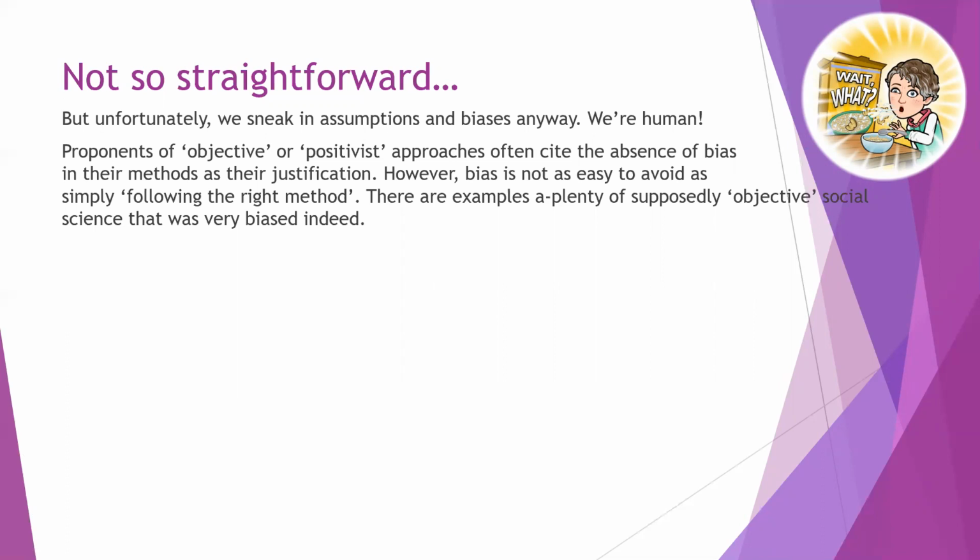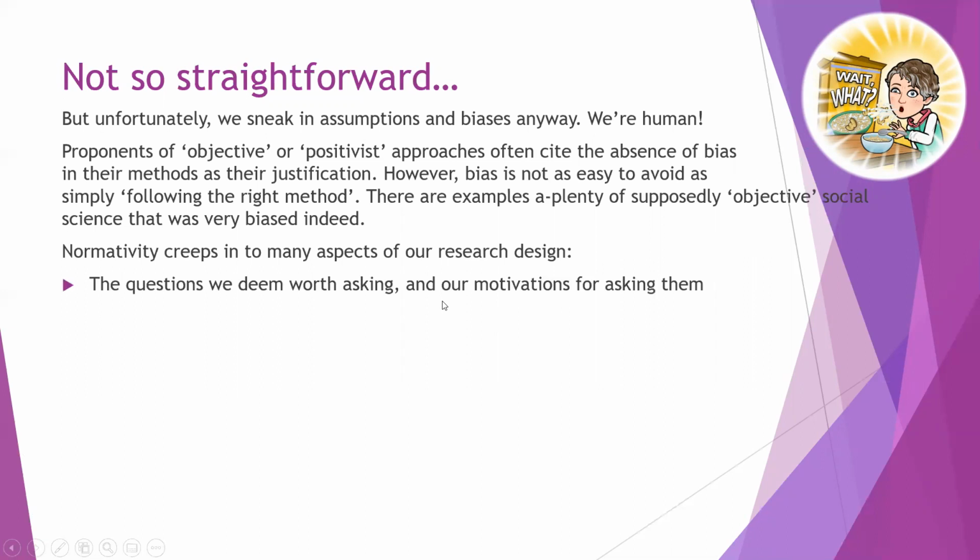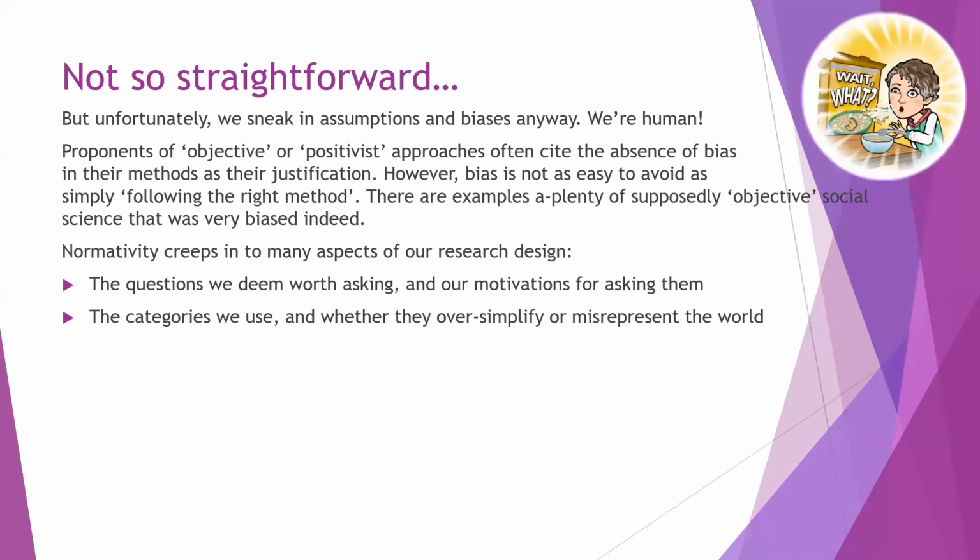And there are examples aplenty of supposedly objective social science that was very, very biased indeed. That included normativity that crept into the questions deemed worth asking, the motivations for asking them, the categories used, whether they oversimplify or misrepresent the world, and individual positionalities and blind spots.